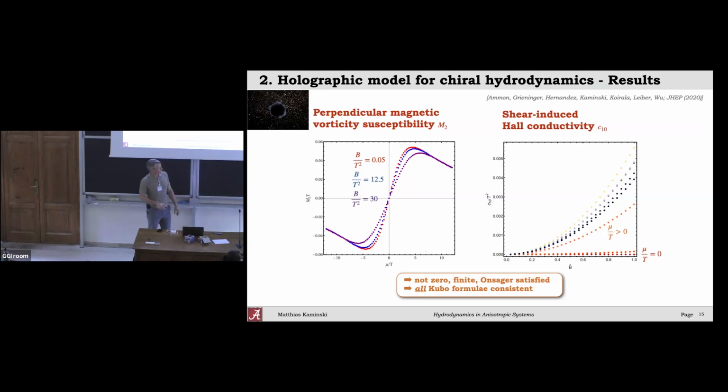So we find that the Onsager relations are satisfied between these transport coefficients. We find that all the Kubo formulas are consistent with each other, and everything's finite. So we were happy to see that everything fits together in this holographic model, and you have non-zero values for these transport coefficients.